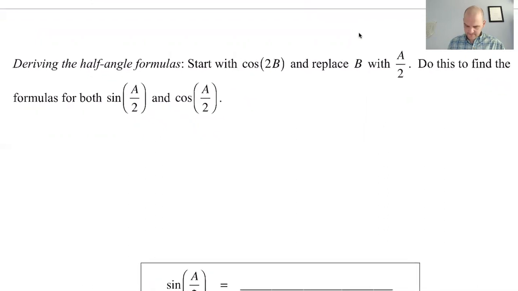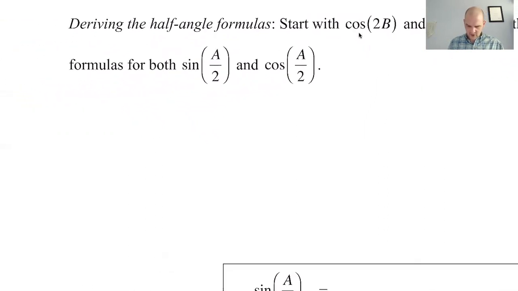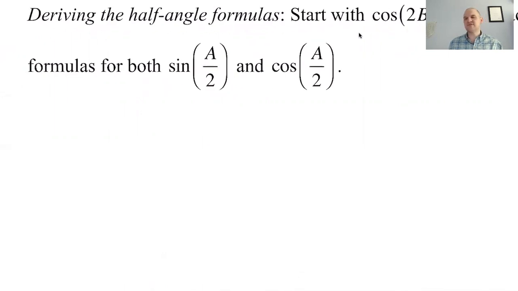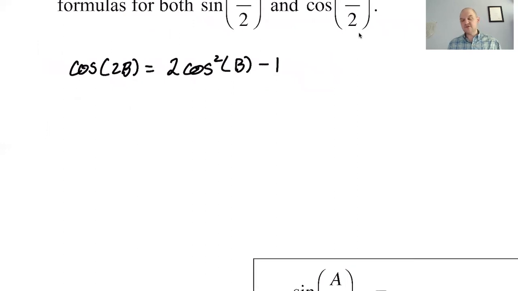So I'm going to say that the cosine of 2b, I'm doing this to make it easier to make the substitution in your head, equals, let's do the one with cosine, 2 cosine squared of b minus 1. I'm going to solve this again. I did it in the last video at the end for the power reducing formula.